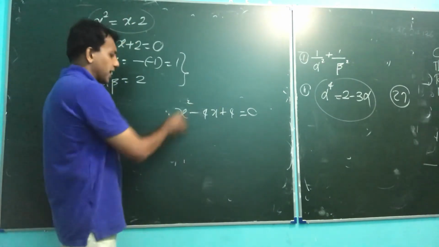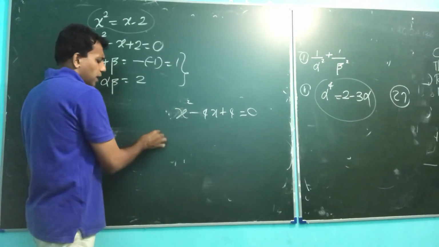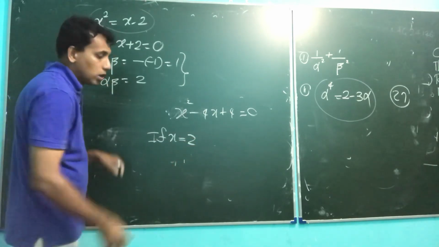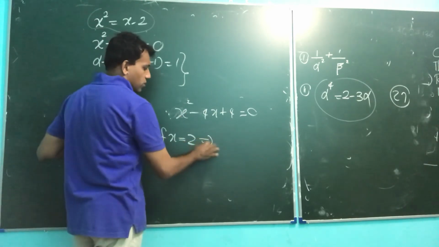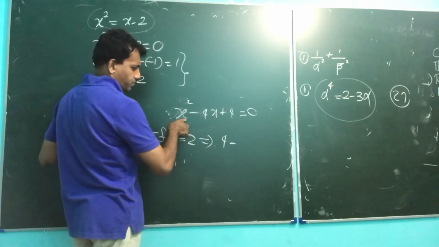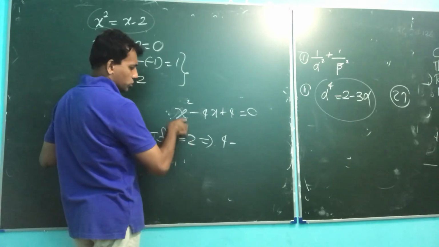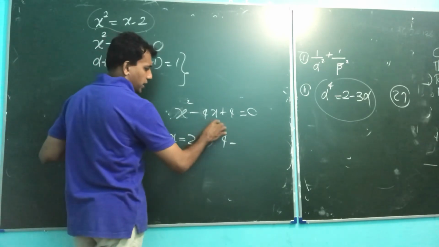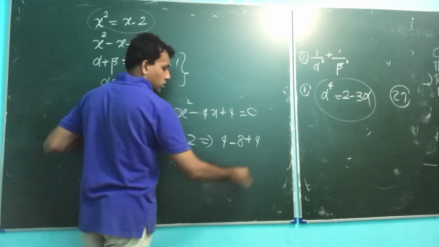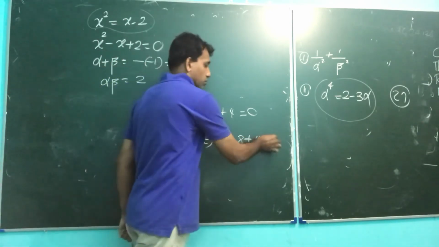Check. Put x equals 2. What is the answer? 4 minus 8 plus 4. What is the answer? 0.